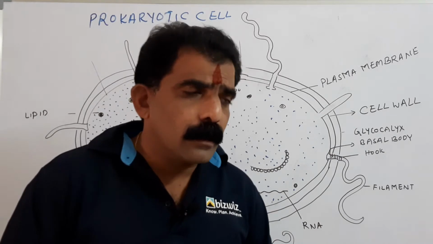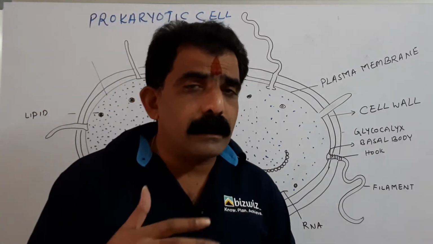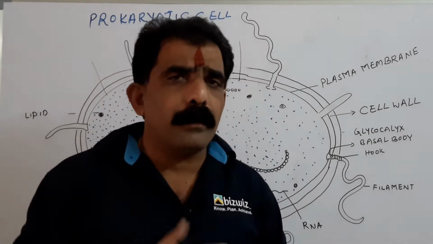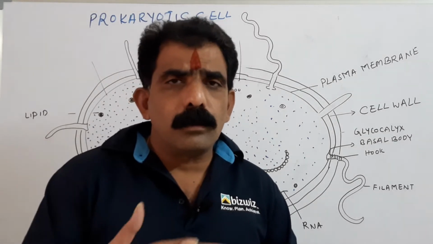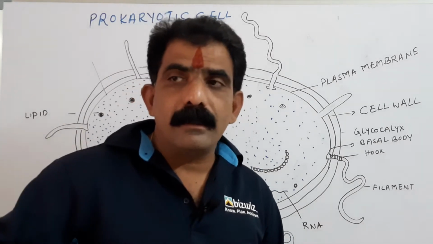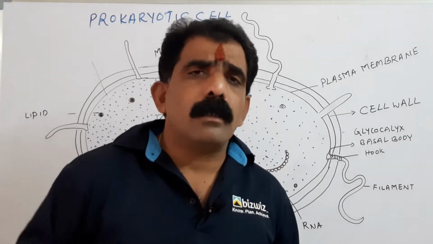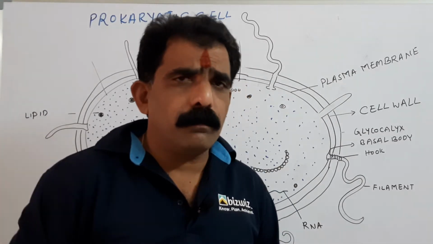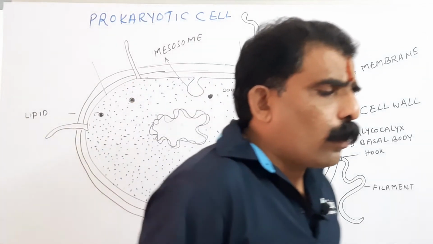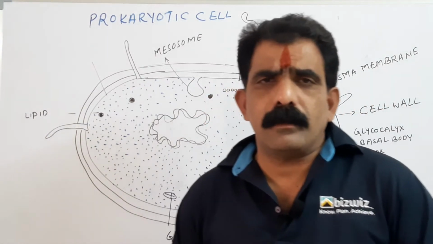Histone proteins are the basic proteins associated with the genetic material of eukaryotes. Their association results in the formation of chromatin. That chromatin condenses and coils, resulting in the formation of chromosomes. Chromosomes are not possible in prokaryotes because there is no organization into chromatin, as histone proteins are absent.